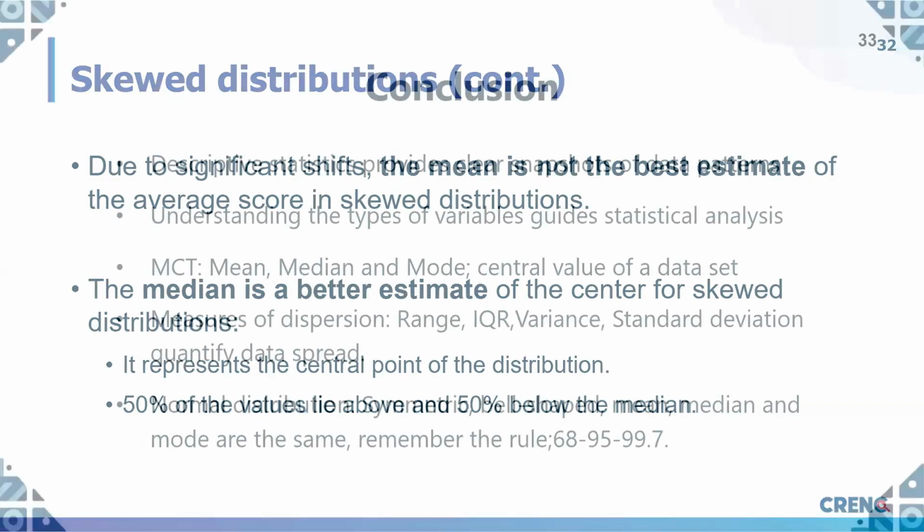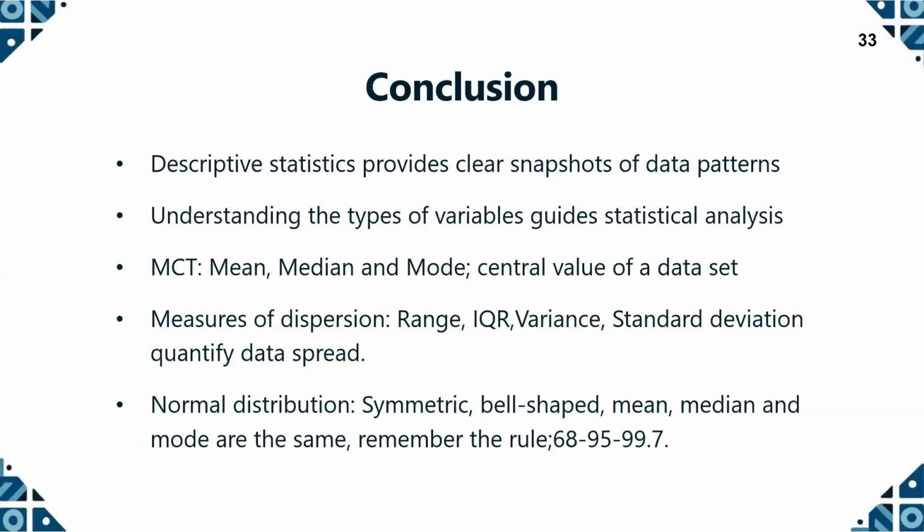So to conclude, we can say that descriptive statistics provide a clear snapshot of data patterns, that understanding the type of variables can significantly guide statistical analysis, that the measures of central tendency, that is mean, mode, and median, give us the central values in a particular data set.